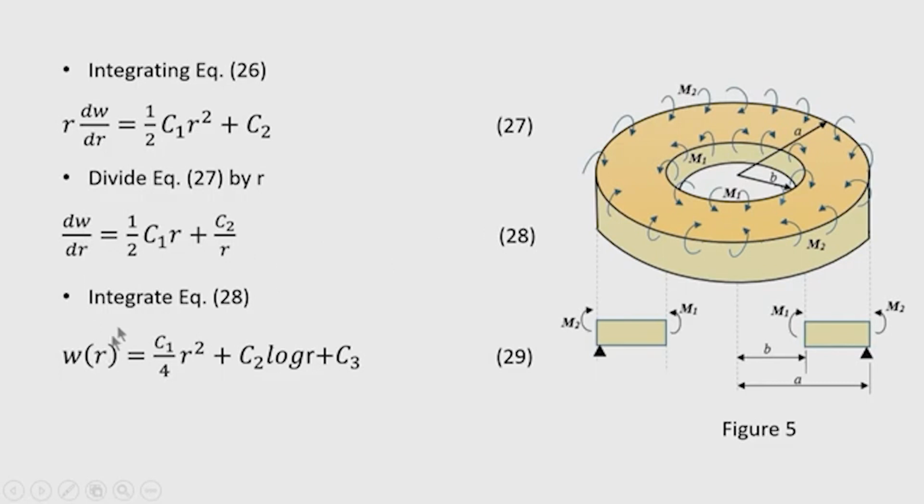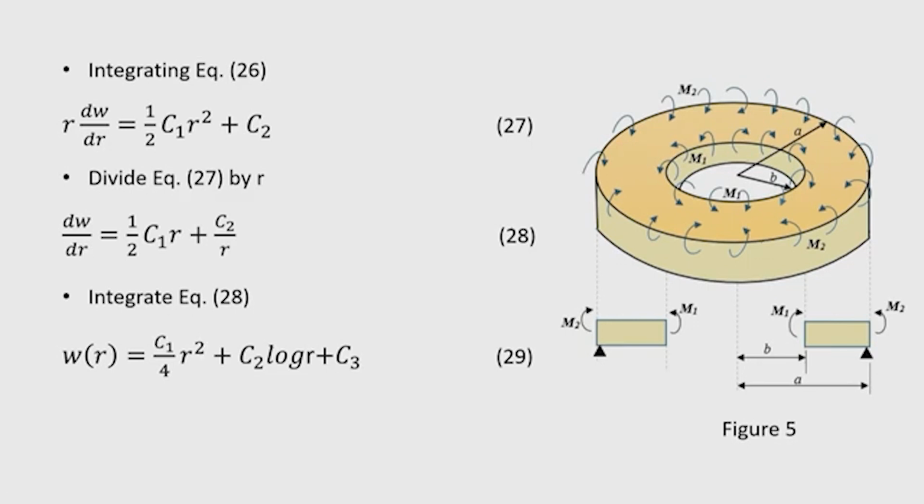So, w is now equal to C1 by 4 r square, because integration of r with respect to dr will be r square by 2. So, naturally the 1 by 4 factor comes here, and this term will be C2 log r plus C3.